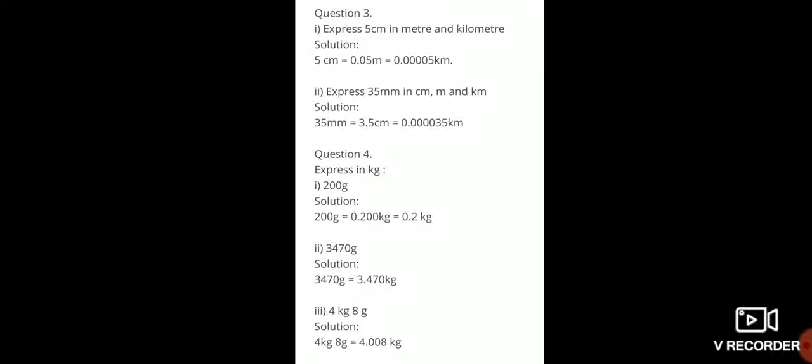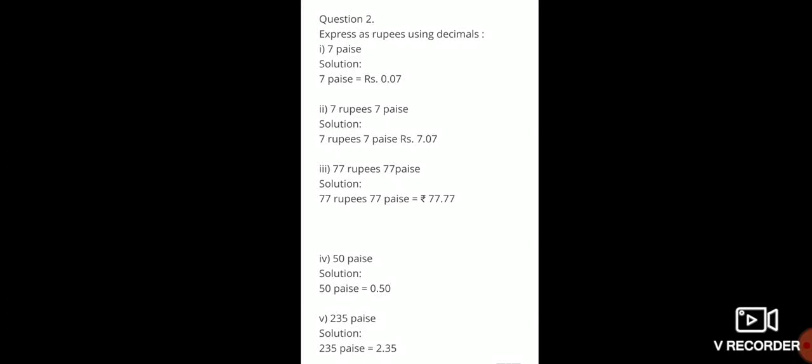So we should know how to convert bigger unit to smaller unit and smaller unit to bigger unit. That's very important. And also you should know 1 paisa, for example, 1 rupee is equal to 100 paisa.